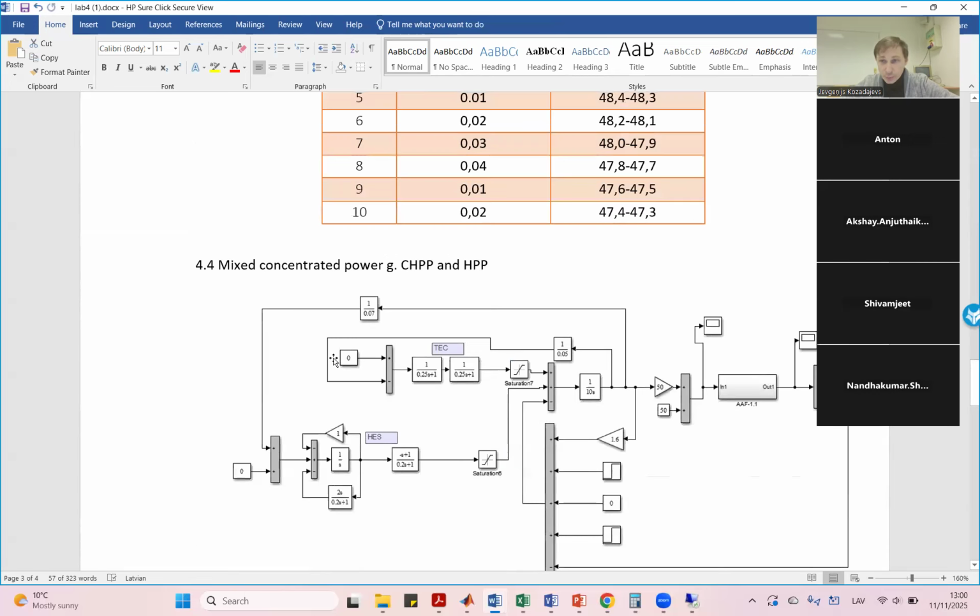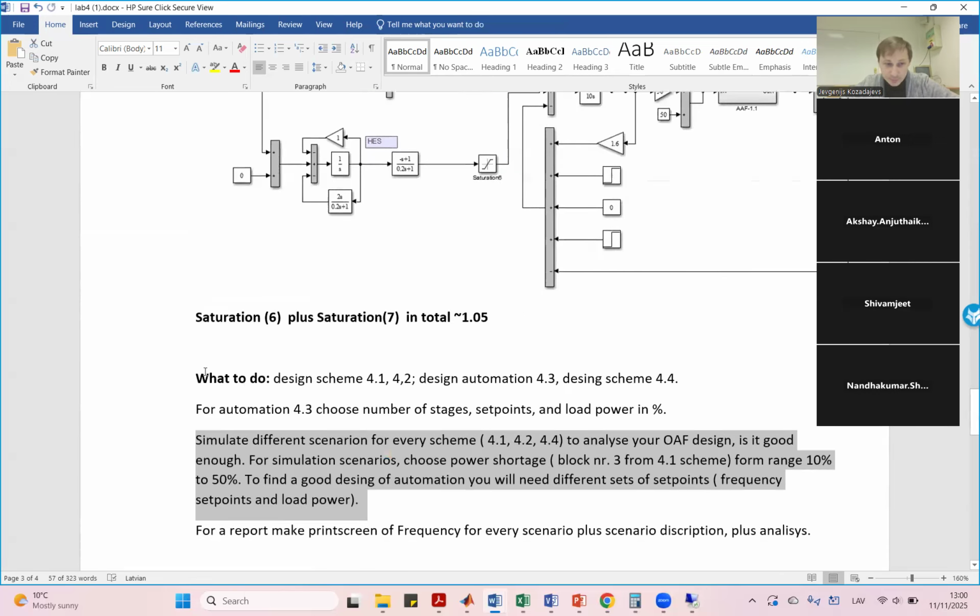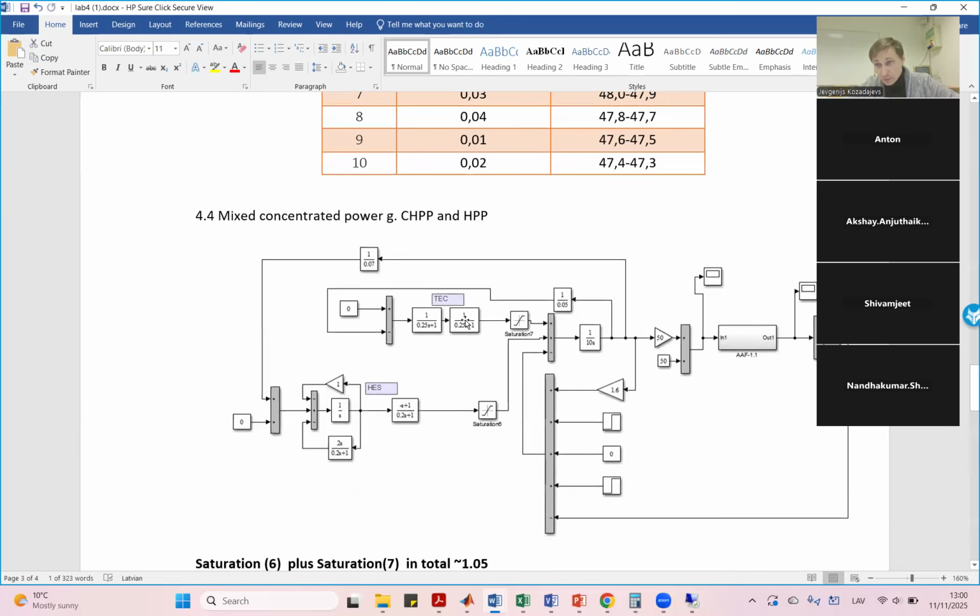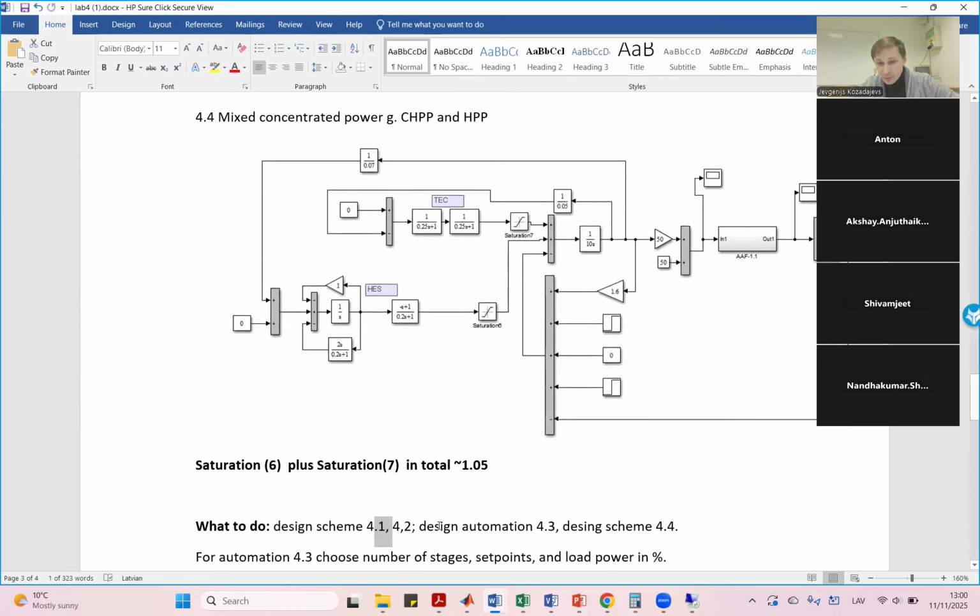So what to do? You need to make 3 models as it is here: with only CHPP, with only hydro, and a mix. 3 models.